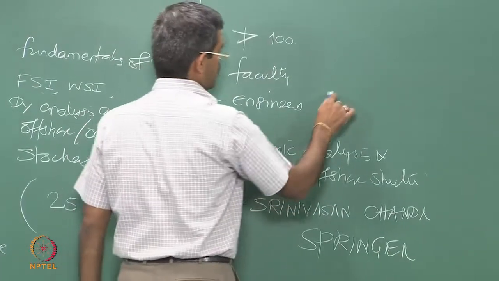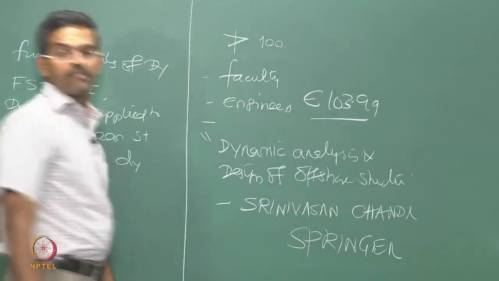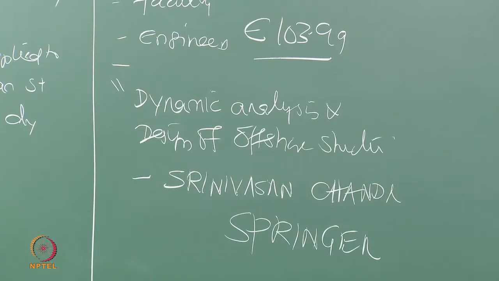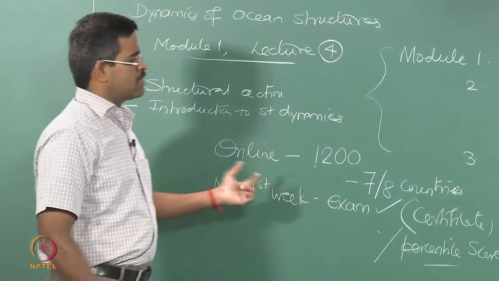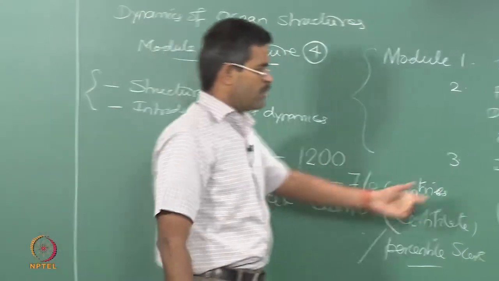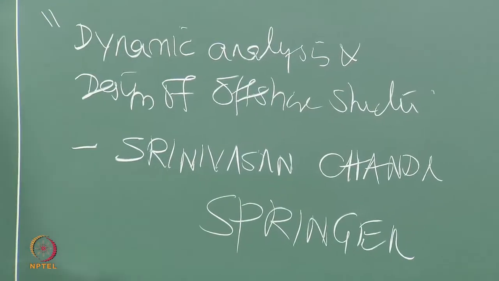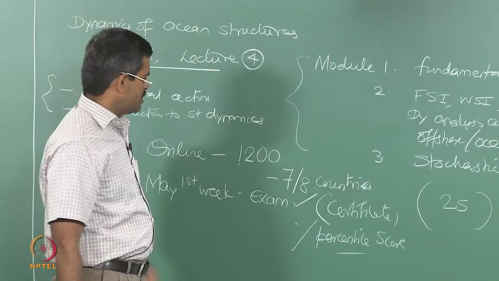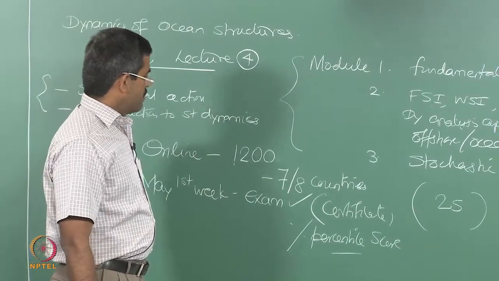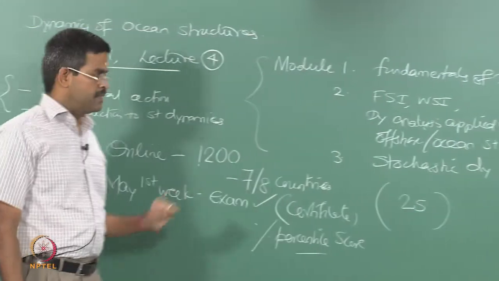The price of the book is 103.99 euro. Now, if you miss out any lectures or if you are not able to understand anything in the classroom here, you can closely follow this book. This book has a lot of detailed explanatory examples. We also do the examples here. It is not that you have to purchase the book out of necessity, but this will have a lot of tutorials and assignments which you have got to answer.